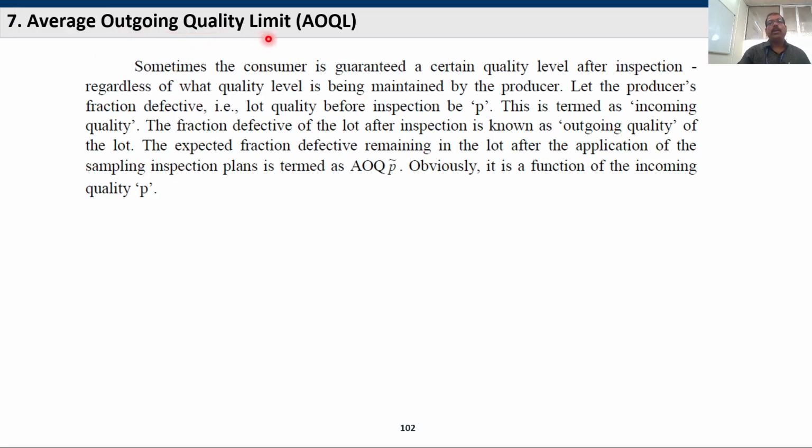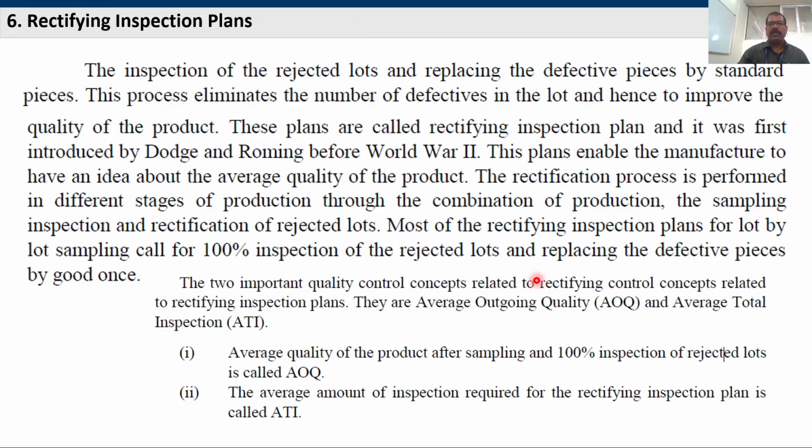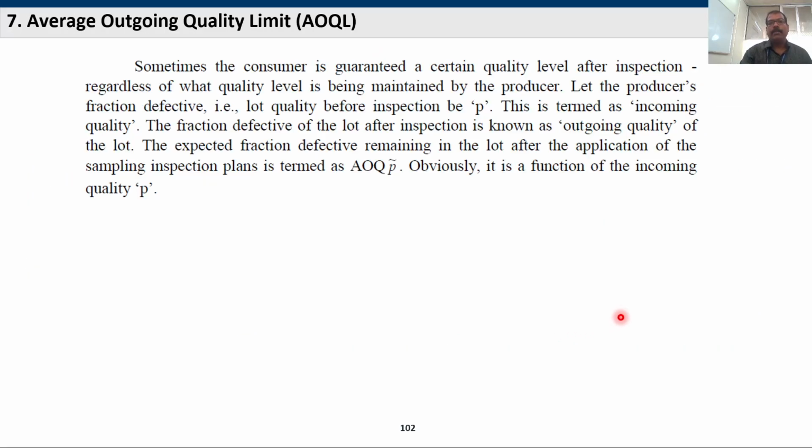Average outgoing quality limit. What we saw here is average outgoing quality, AOQ, but AOQL is the average outgoing quality level. What does it mean? Sometimes the consumer is guaranteed a certain quality level after inspection, regardless of what quality level is being maintained by the producer.